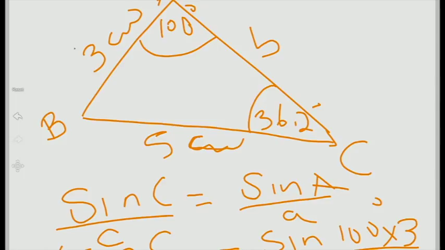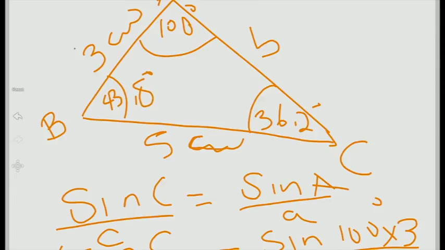We need 1 angle. So we'll add the 2 and subtract the sum from 180, which is the sum of all interior angles. So 100 plus 36.2, all subtracted from 180, we get 43.8.